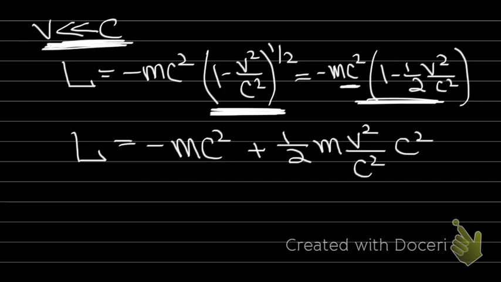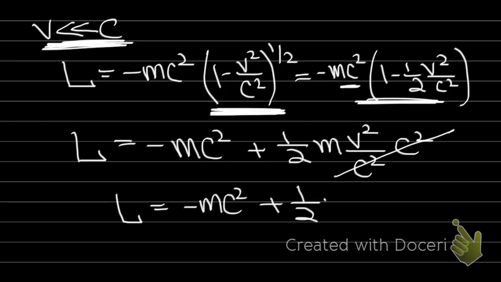So these c squared cancel out, and finally I am left with negative mc squared plus 1/2 mv squared. Now, if you note in this equation, we have this term, the kinetic energy term, which is what we should have for a classical free particle, so no potential.